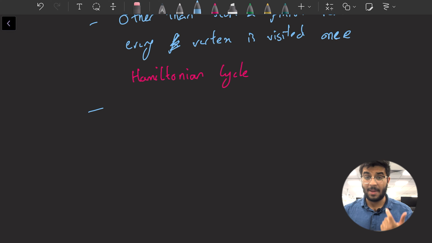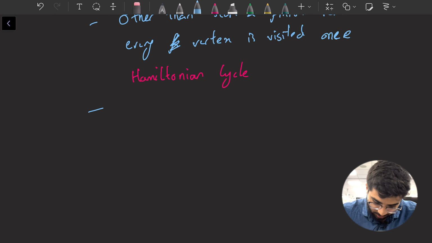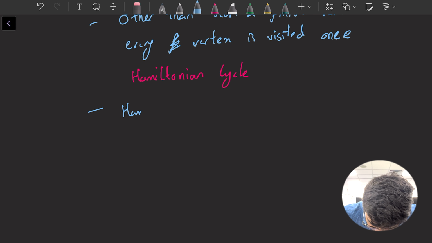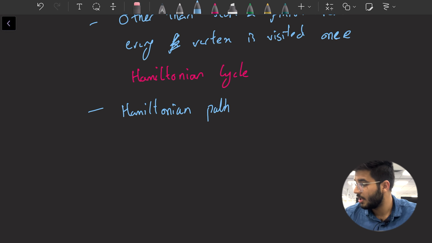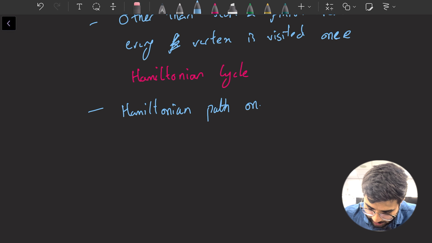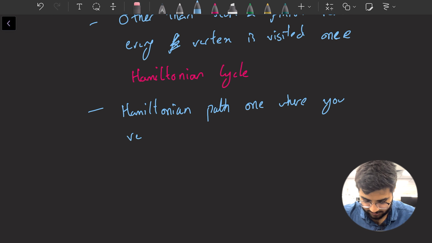A Hamiltonian path, okay? A path is one where you visit every vertex once, similar to the semi-Eulerian one.